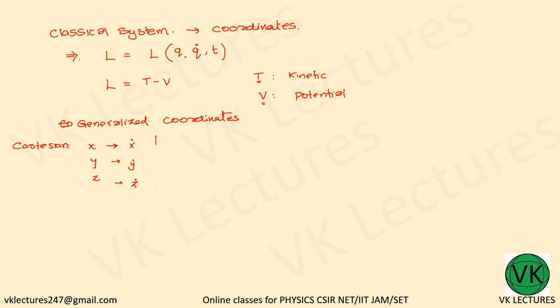Once you have this, we can find the kinetic energy as half m times x dot square plus y dot square plus z dot square, and this is equal to T. The potential energy will be V of x, y, and z.